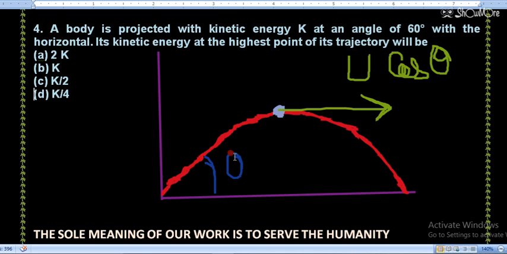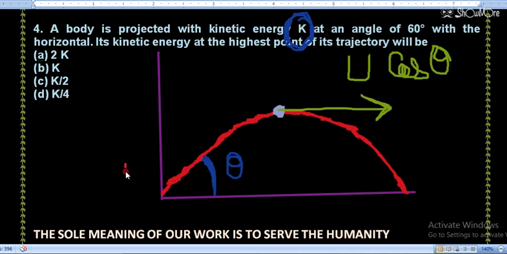So now students, we have to discuss what will be the kinetic energy at the top point, if the initial kinetic energy is k. This is a very important question, asked many times in the NEET examination, so that's why we have to do this question. First we find the initial kinetic energy.